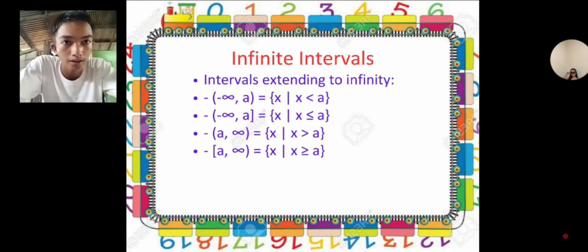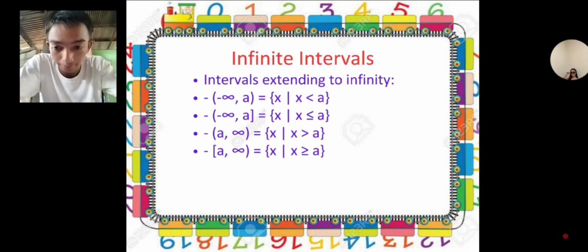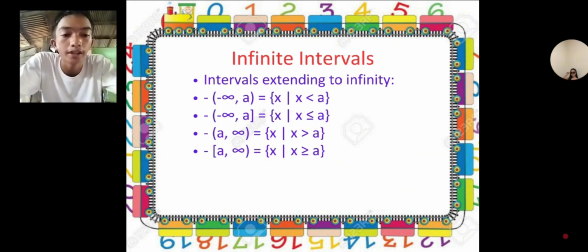Number 3: the open interval a to infinity, with parentheses, represents all real numbers greater than a.